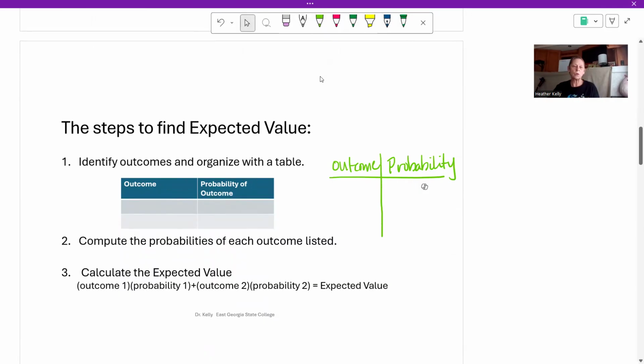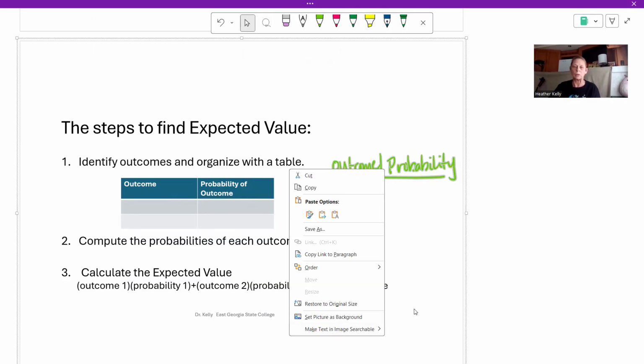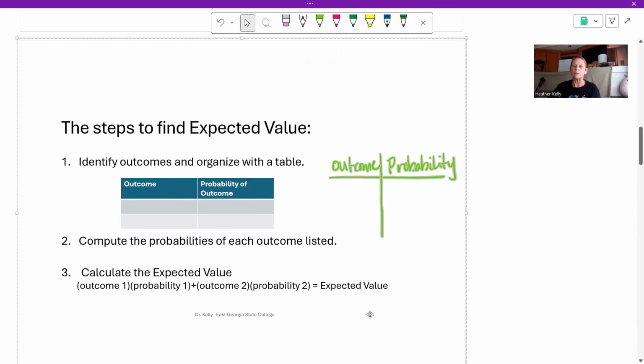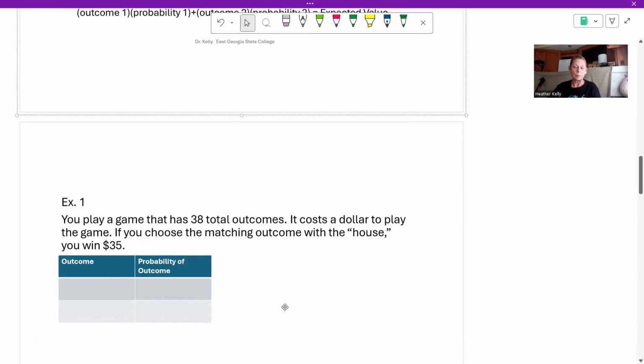First, you identify the outcomes and organize them with a table. Then you compute the probabilities of each of the outcomes listed, and then you calculate the expected value by saying outcome one times the probability of that outcome happening, plus outcome two times the probability of that outcome happening, plus so on and so forth. After you add all that up, the final answer is your expected value.